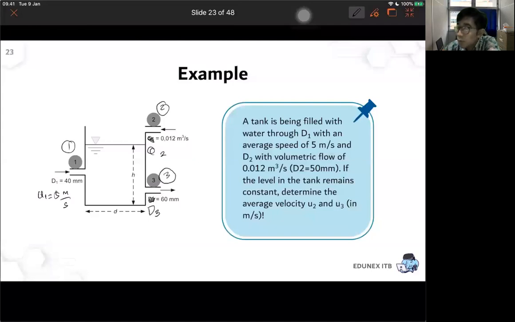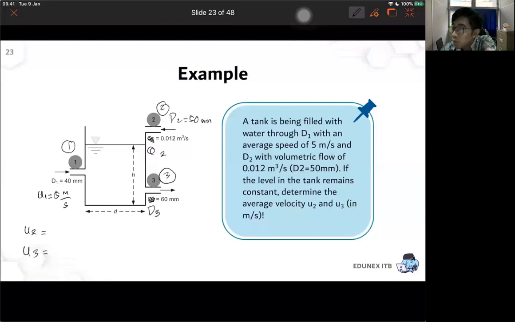At point 2, the diameter is 50 millimeters, and the volumetric flow rate is 0.012. This is Q2. And at point 3, the diameter is 60 millimeters. And you need to calculate the value of velocity at point 2 and velocity at point 3.